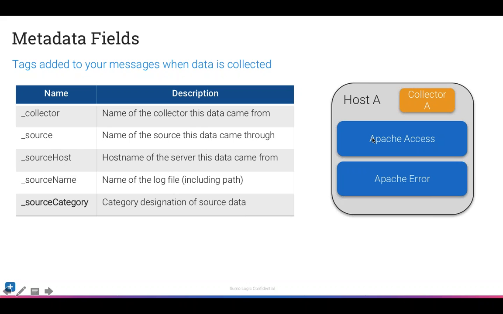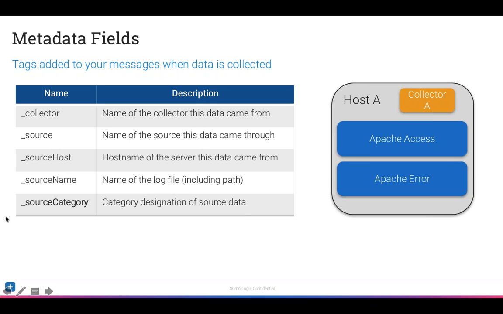In this case, one source would be Apache Access, and a separate source would be Apache Error, and I can tag that data with Apache Access and Apache Error. Your source host is the host name of the server, so in this case it would be host A. Your source name is the actual name of the log file, including the file path, so I could even search by the name of the log file as well.